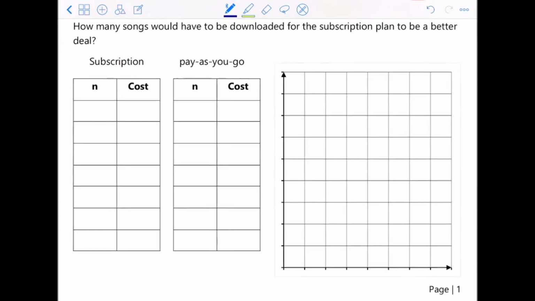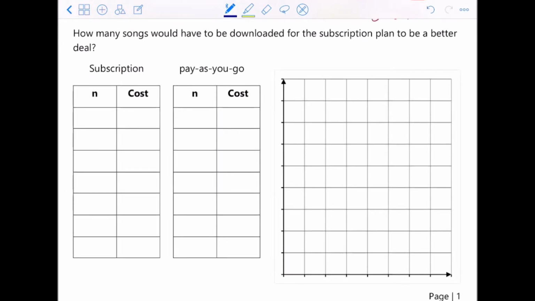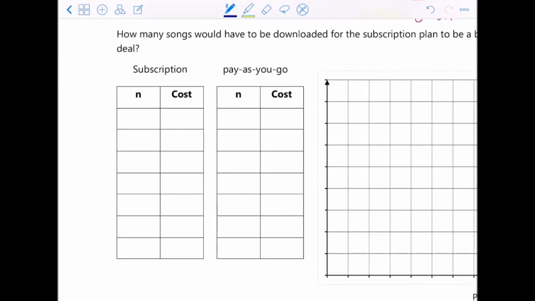Okay, so let's take a look at this using table values. So for subscription, the original equation was C equals 0.7n plus 8. What we're going to do is plug in n equal to 0, and then we'll go up by 10, just because we need to check for higher values of n.